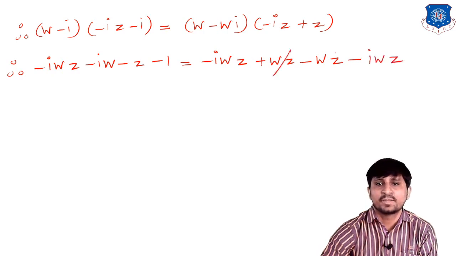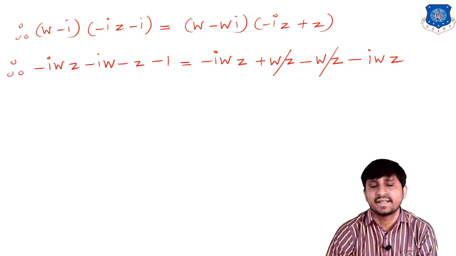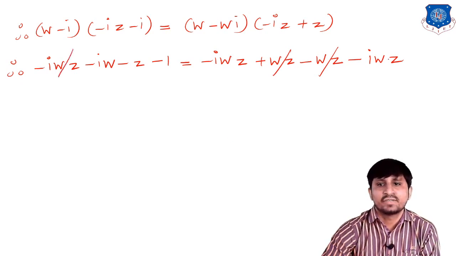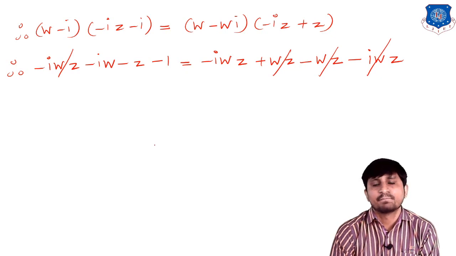First of all, this plus wz and minus wz cancel out on the right hand side, and this is minus iwz.